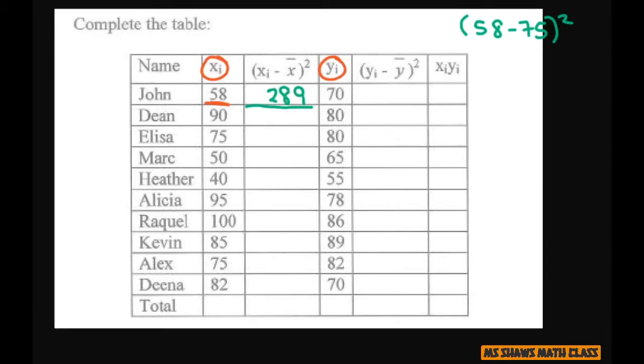289, 225, 0. Of course, 75 minus 75 is 0. Then we'll get 625, 1,225, 400, 625, 100, 0, 49, and then add all those up to get your total.